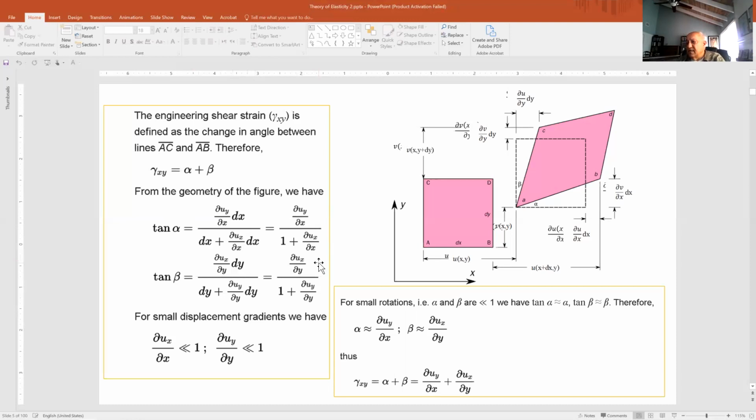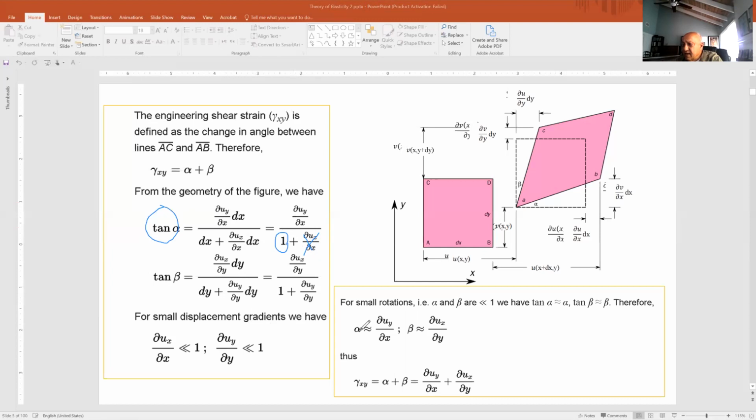Notice that in this case, again, the displacements u and v and w are very small, and therefore in the denominator I can ignore this derivative, as it is small compared to 1. I can neglect it, and the tangent of alpha becomes derivative of u with respect to x, and tangent of beta will be derivative of v with respect to y.